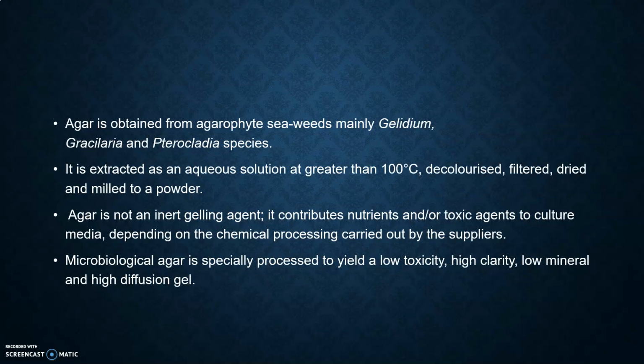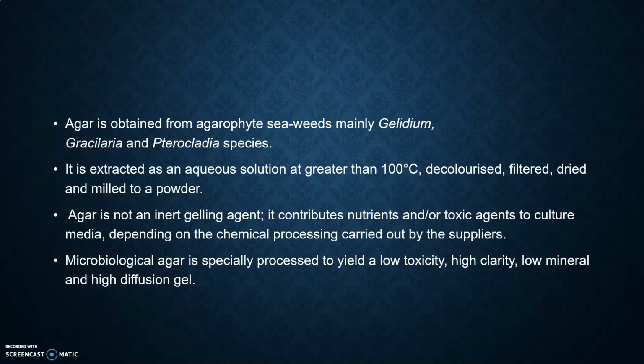This agar can be obtained from agarophyte algae or seaweeds, mainly Gelidium, Gracilaria and Pterocladia species. It is extracted as an aqueous solution at greater than 100 degrees Celsius, then decolorized, filtered, dried and milled to a powder. Agar is not an inert gelling agent.